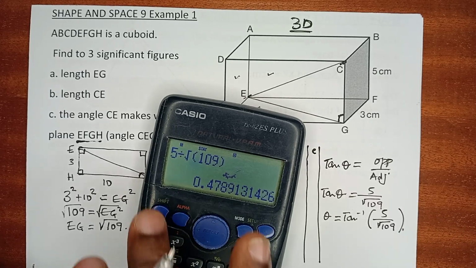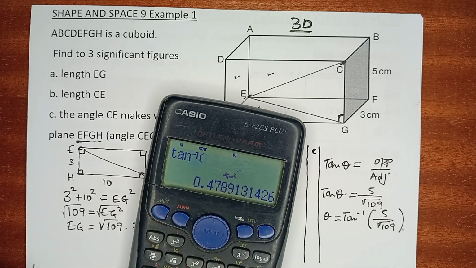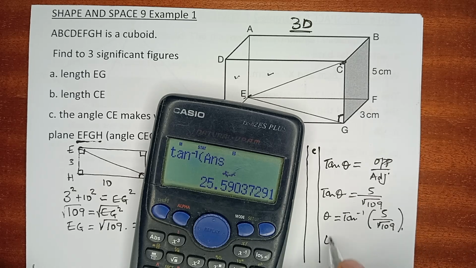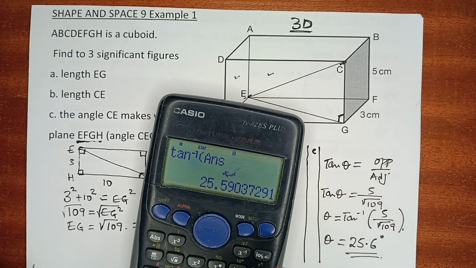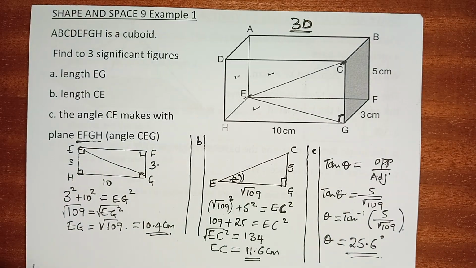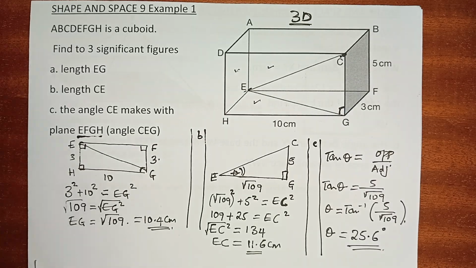And therefore, shift answer, we say the angle theta is 25.6 degrees.